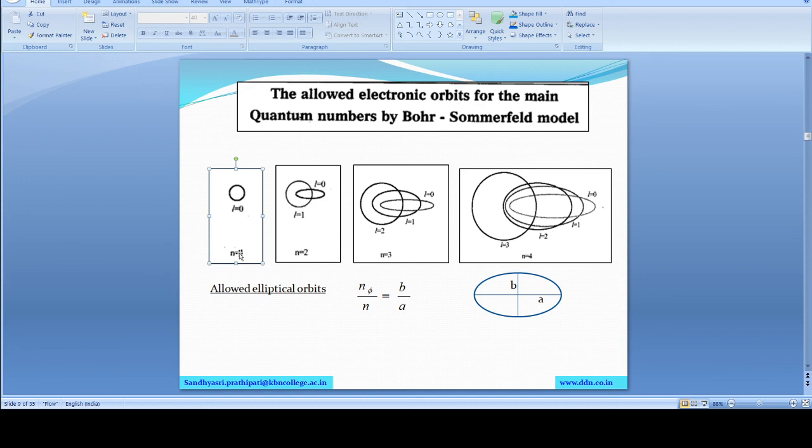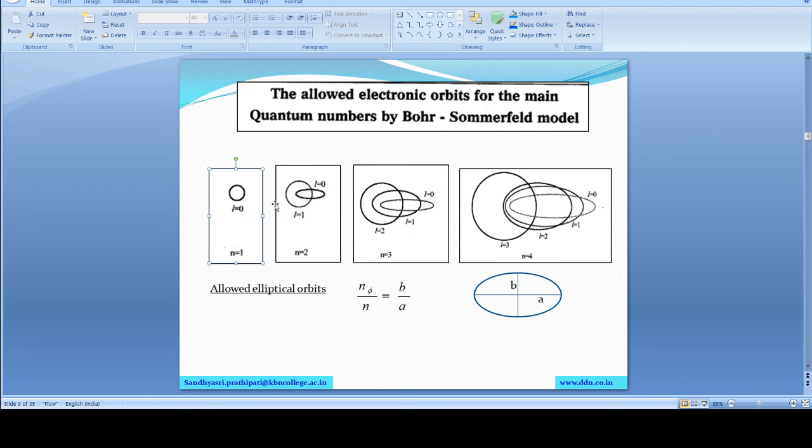For n is equal to 1, L is equal to 0. It is a circular orbit here, which coincides with the Bohr's circular orbit. For n is equal to 2, L is equal to 0 and L is equal to 1. For L is equal to 1, there is a circular orbit which is equivalent to Bohr stationary orbit. For L is equal to 0, it's an elliptical orbit.